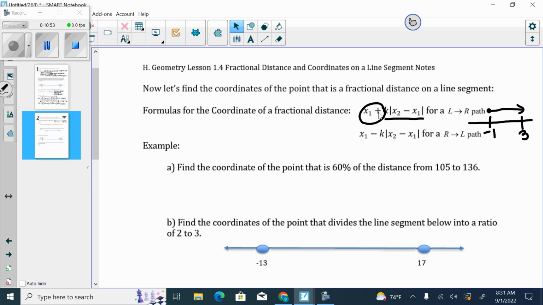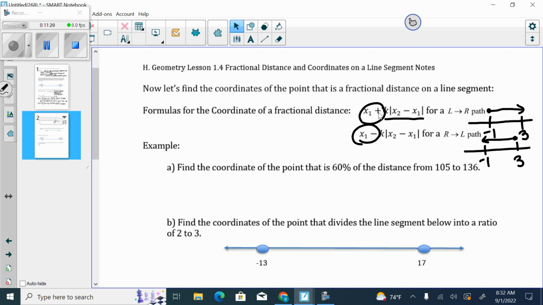But in this case, if you were going the opposite direction, so maybe they say you're going from 3 to the -1, in that case, you add an x1 minus out in front of the equation. So this is where it's going to be important you know your starts and end points. Okay? All right. So make sure that we pay close attention to which direction we're going. We're going to start doing a couple of these examples.